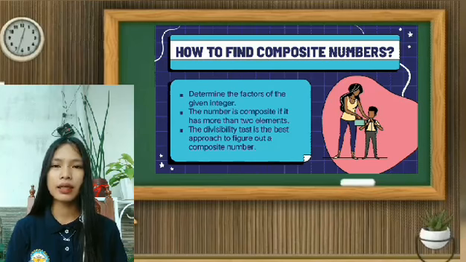Lastly, the divisibility test is the best approach to figure out a composite number. We can use the divisibility test to determine whether a number is prime or composite. A number's divisibility refers to how evenly and without remainder it may be divided by another integer.